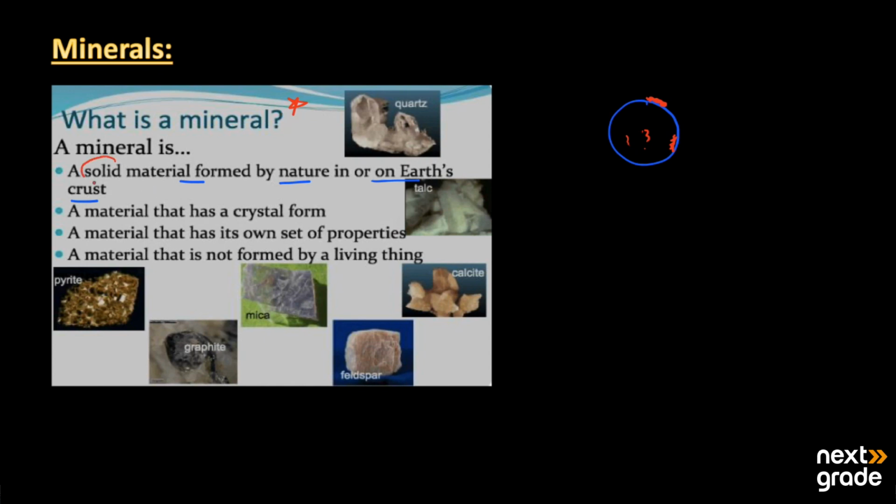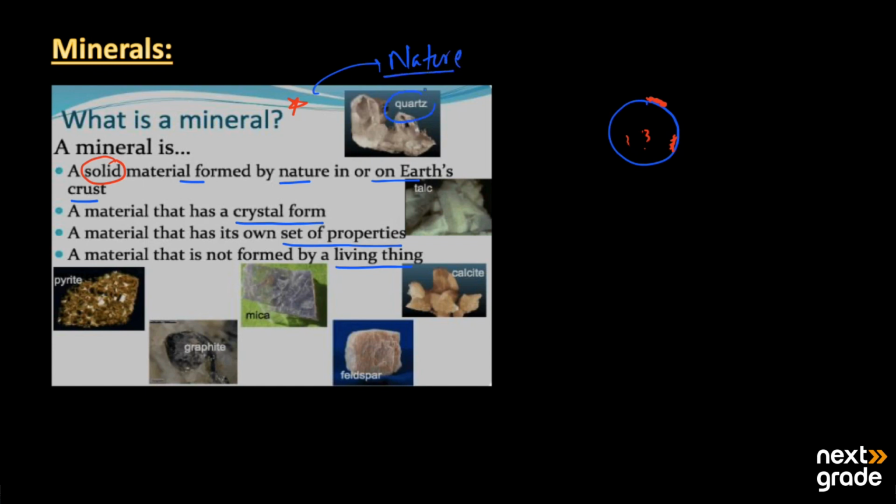Now, what are the properties of minerals? A material that has a crystal form structure, has its own set of properties, and is not formed by living things but is present in nature, is known as a mineral.